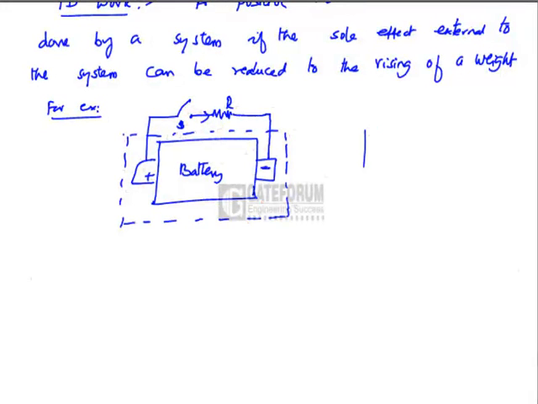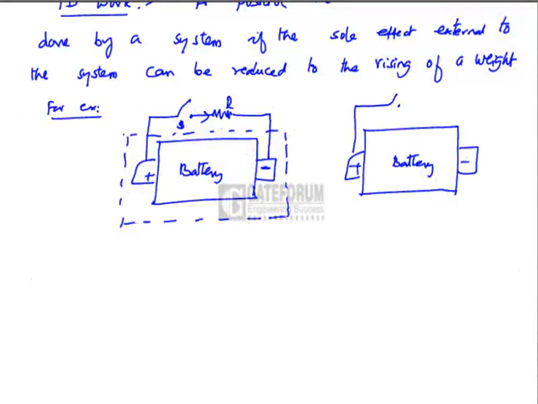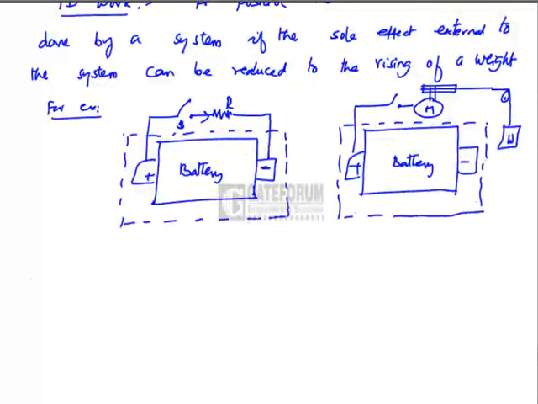But if the same system is reduced as shown in the second figure, the resistance is replaced by a motor and a pulley arrangement connected to a weight. If the switch is closed, current passes through the motor, the pulley is rotated and the weight is lifted up.